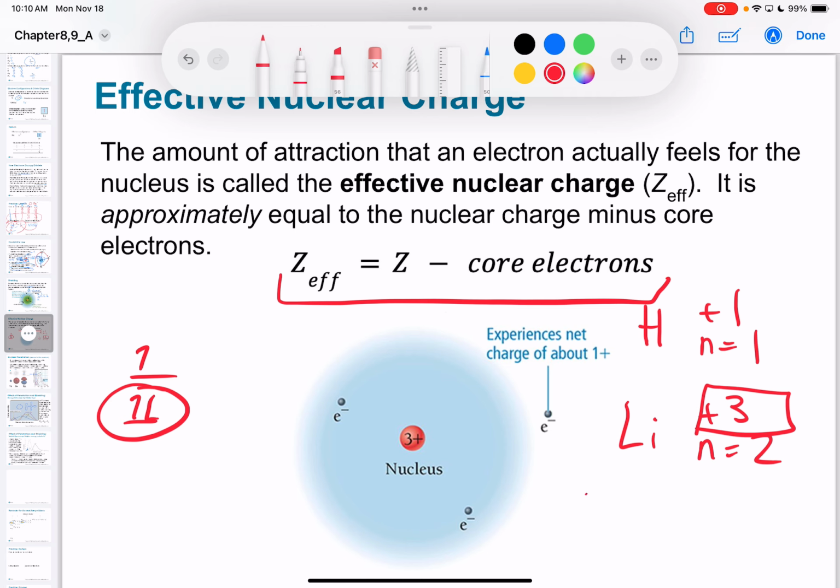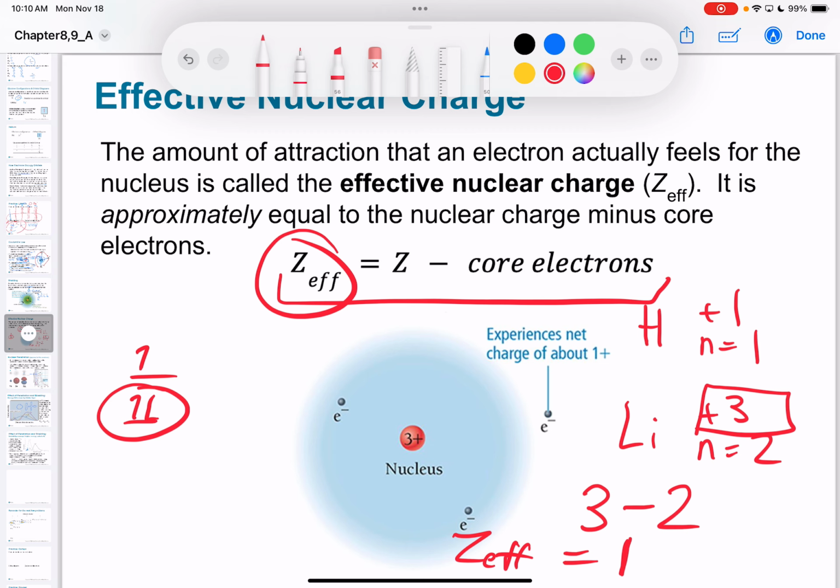We take Z, which is 3, the number of protons, and subtract off those 2 core electrons, and that leaves us with a Z effective, or the actual useful positive charge that has a pull on the electrons, of 1. So the valence electron in lithium feels the pull of the nucleus similar to how hydrogen's electron feels its pull. They both have a charge of 1 when we account for the shielding of those core electrons.